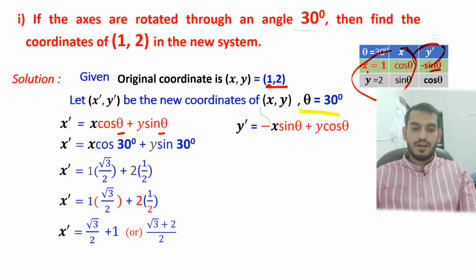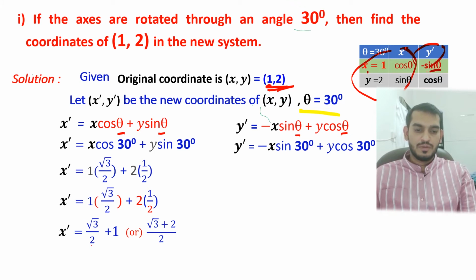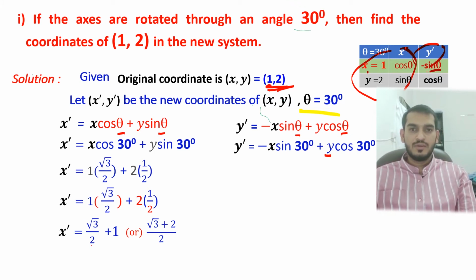Now substituting the value of theta, which is 30 degrees, in the equation of y dash, y dash is equal to minus x into sin 30 degrees plus y cos 30 degrees. Now replacing x and y with 1, 2, we can write y dash is equal to minus 1 into sin 30, which is 1 by 2, plus y, which is 2, and cos 30 is root 3 by 2.